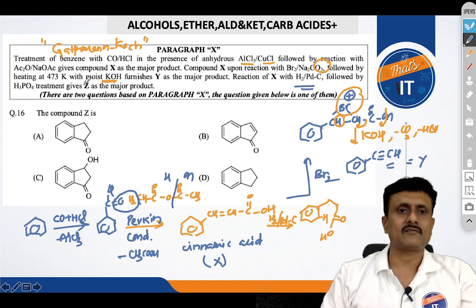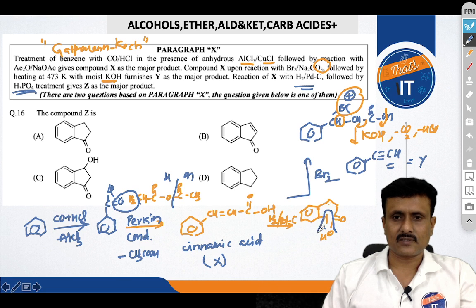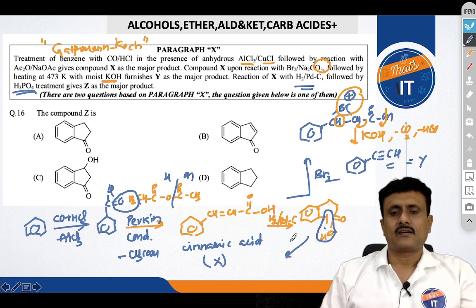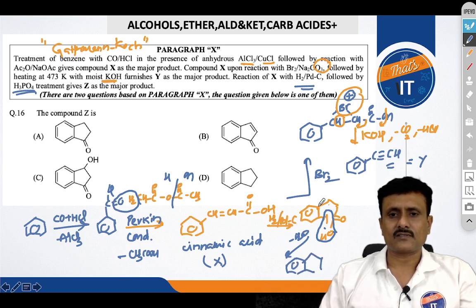Now we can see we are treating this with H3PO4. So whenever you see H3PO4, you have to understand that you are removing H2O, the intramolecular dehydration, and you are writing a ring as well, right? So what is the size of the ring? 1, 2, 3, 4, and then a 5-membered ring, right?